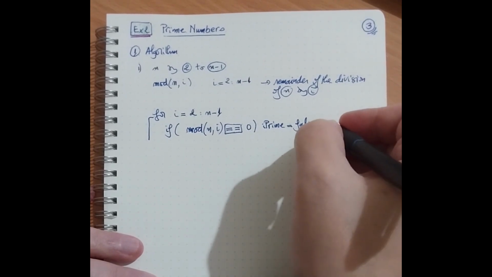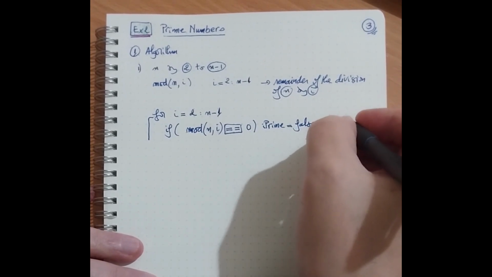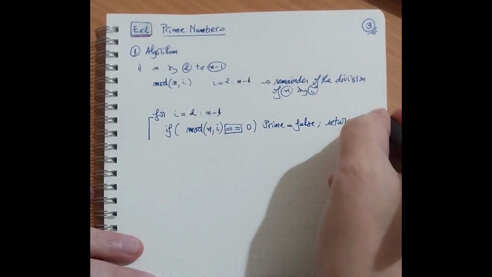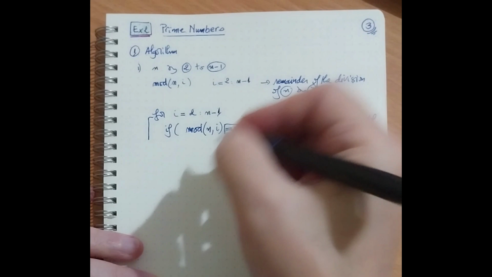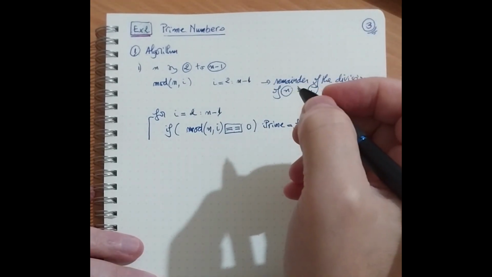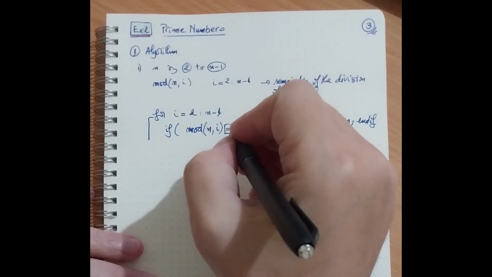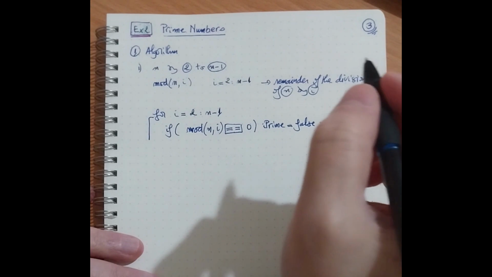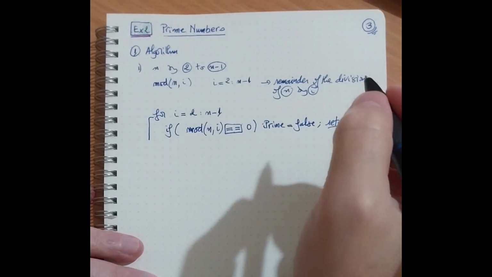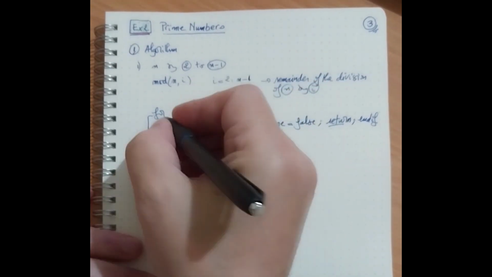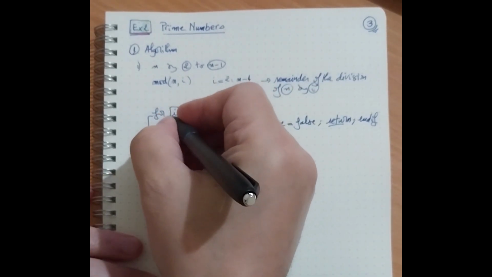So I don't use a break, I use a return. We do not have to continue. If one single integer between 2 and n minus 1 is a divisor, then according to the definition, n cannot be a prime number. Otherwise we continue. We loop over all the integers.